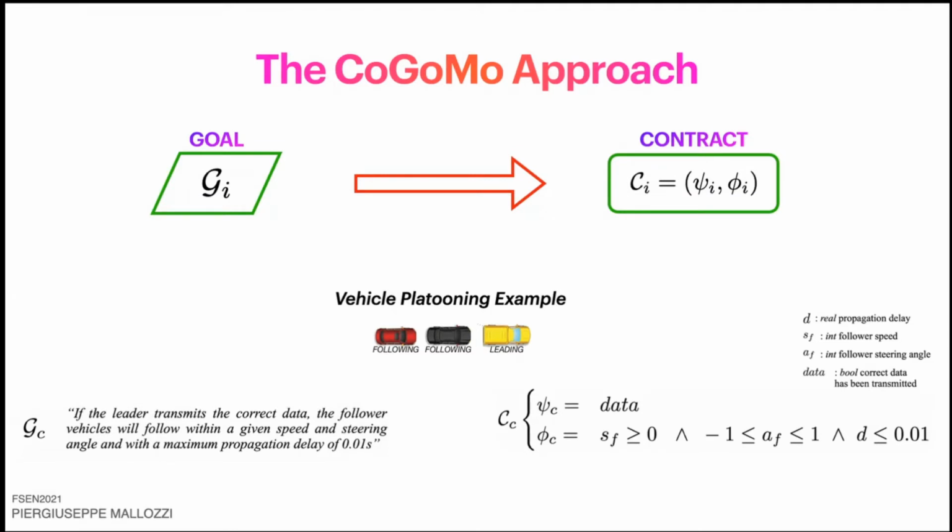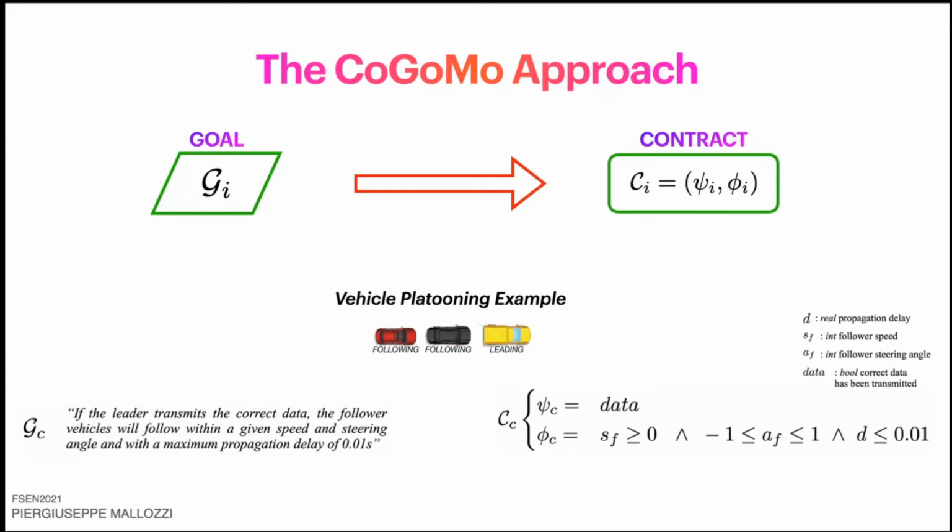So one goal can be: if the leader transmits the correct data, then the following vehicles will follow within a given bound with a certain propagation delay. So we set the bounds of our goal, and we say the propagation delay has to be a maximum of 0.01 seconds, and so on. And we assume some data that's being correctly transmitted.